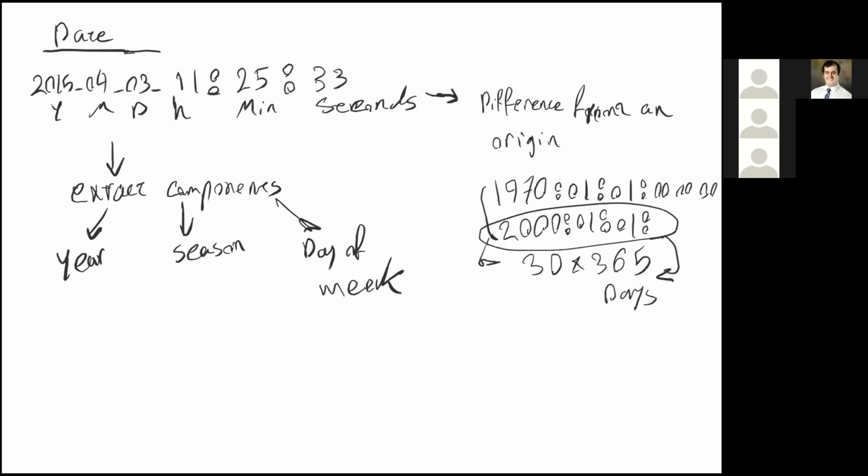Like usually in computer science, they consider 1970, but you can just put any arbitrary origin.